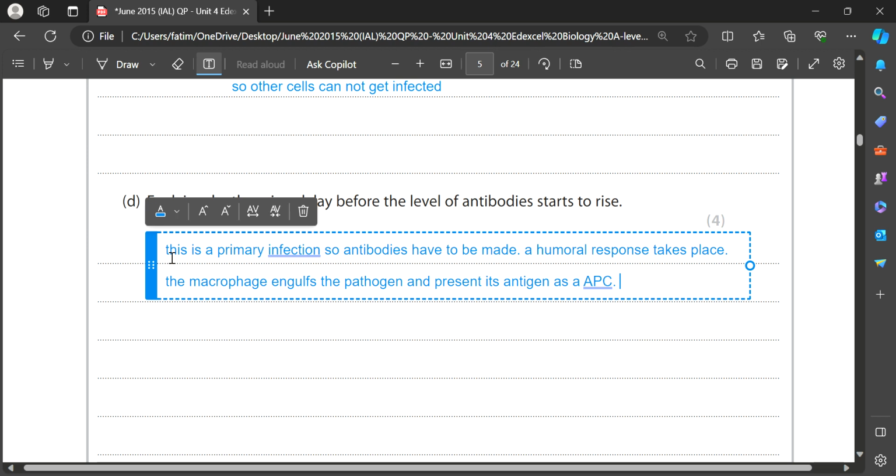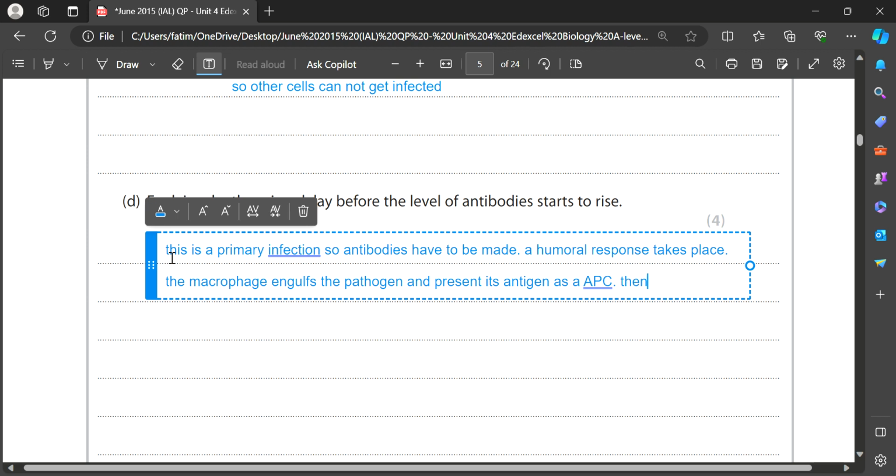Everyone should know that. And then it binds to T helper cells, and then it activates to form T killer and T memory cells. And then the T cell binds to a complementary B cell, which releases cytokines and makes B effector and B memory cells. And then B effector differentiates to plasma cells, which release antibodies. That's the whole thing. I'm just going to write that down right now.